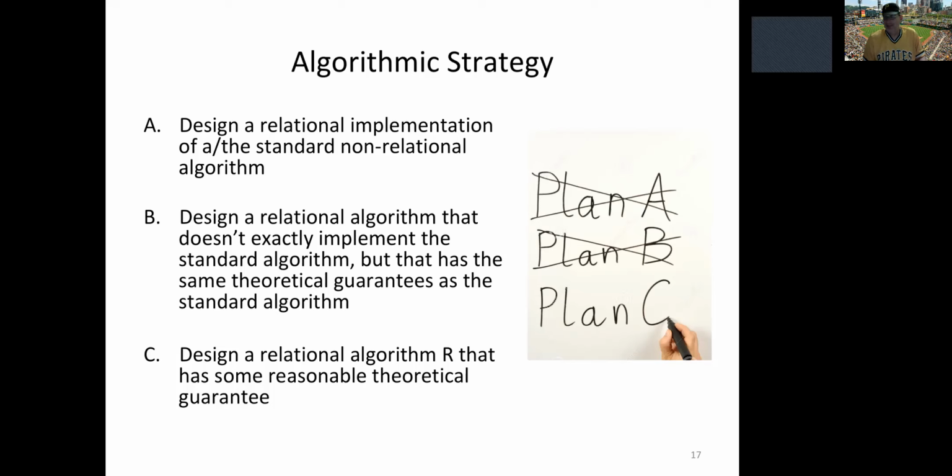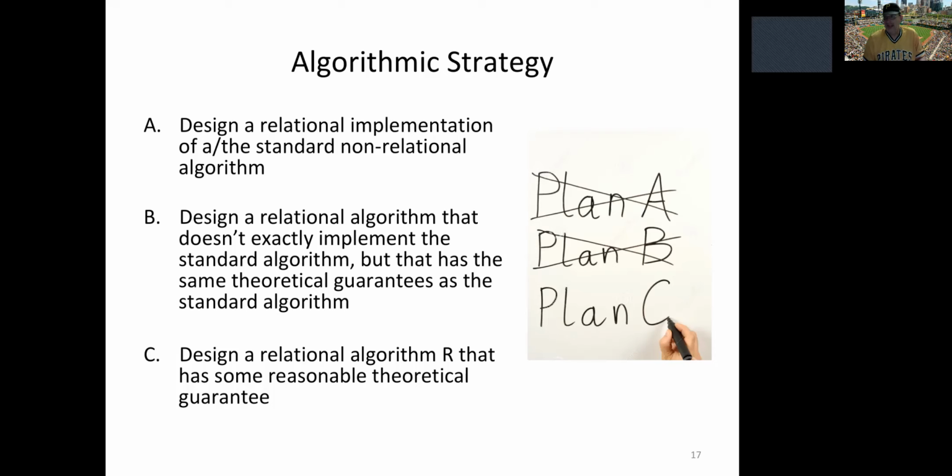If that's not possible, then plan B is we try to develop a relational algorithm that maybe produces some output that's different than the standard algorithm. But what we want is that this relational algorithm has the same theoretical guarantee that the standard algorithm has. There's some theoretical justification for the adoption of the standard algorithm, and we try to develop a relational algorithm with the same theoretical guarantee.